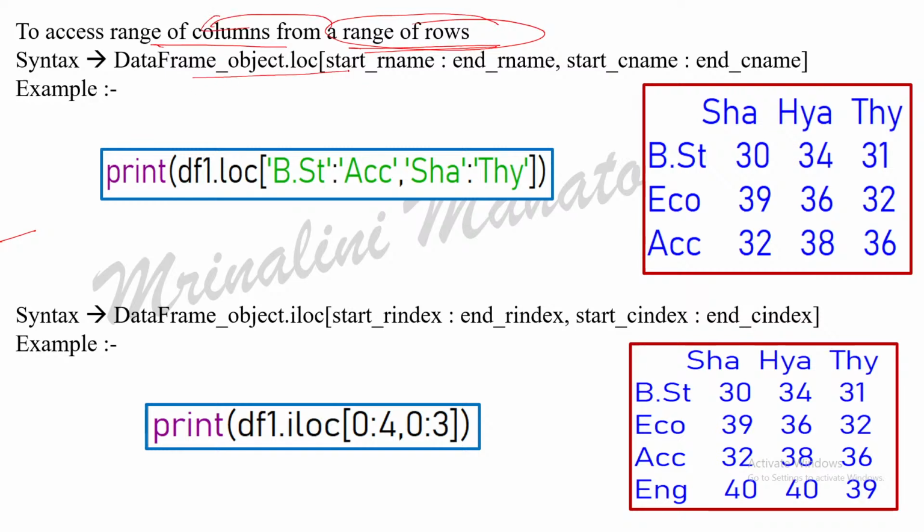Data frame object dot loc, start row name colon end row name comma start column name colon end column name. So BST to accounts is the row label, and sa to thi is the column label. From sa to thi we need the marks for BST to accounts. BST, economics, accounts, because economics is in between.